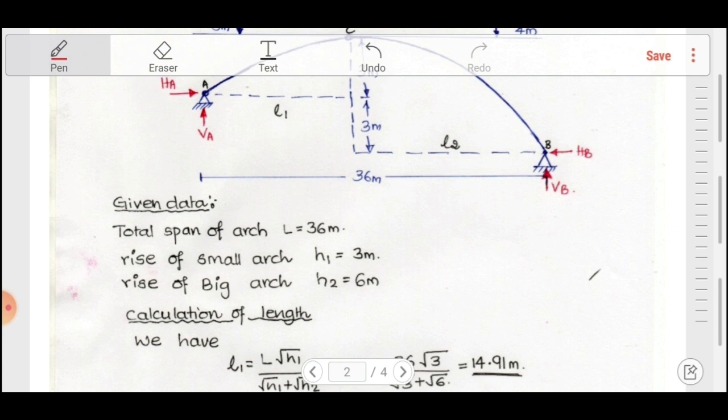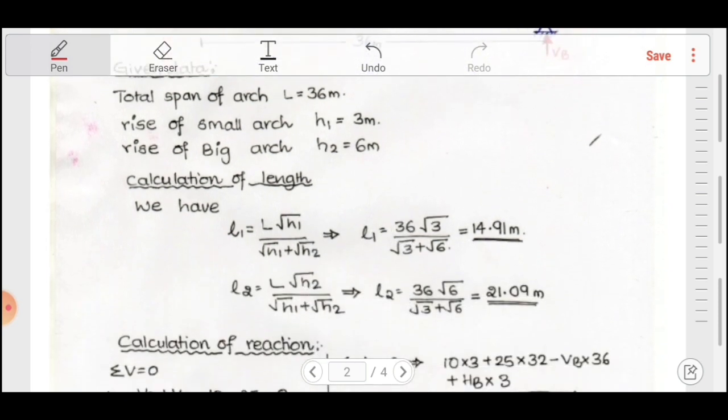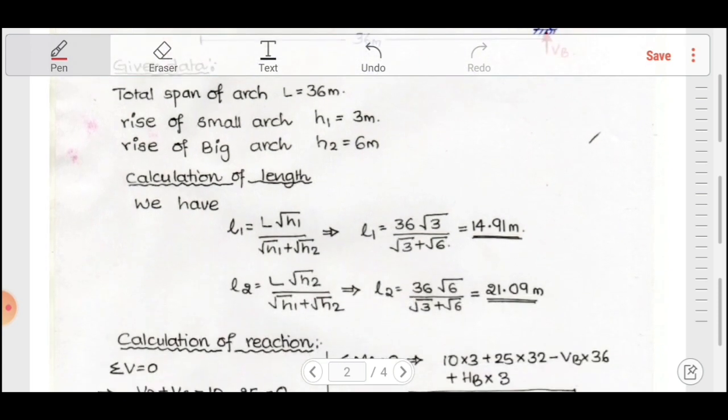So H1 and H2 are given. So we will substitute in the formula to calculate L1 and L2. The substitution you can see, and for L1 we got the answer as 14.91 and L2 as 21.09 meter.